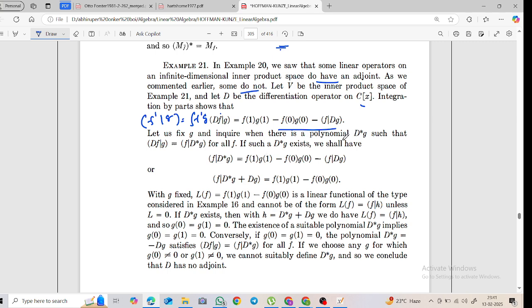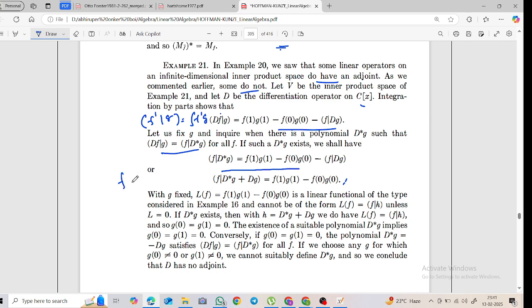So there's supposed to be a contradiction. So if D star g exists, you will get this, and you will get f inner product D star g plus f g, is this.